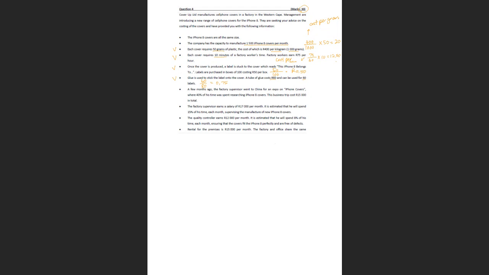the factory supervisor went to China for an expo on iPhone 8 covers, where 40% of his time was spent researching the iPhone 8. The trip cost 15,000 Rand in total. Now, here, what's important to note is that firstly, the cost of this trip is fixed, because it's not going to depend on how many units are being produced.